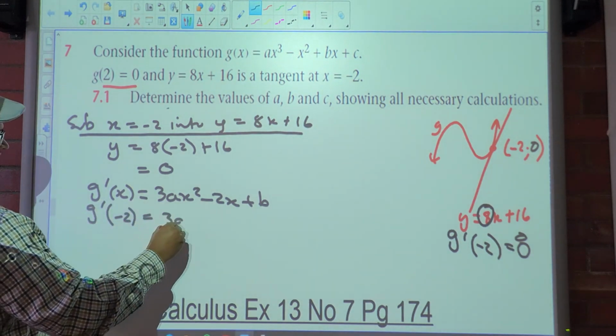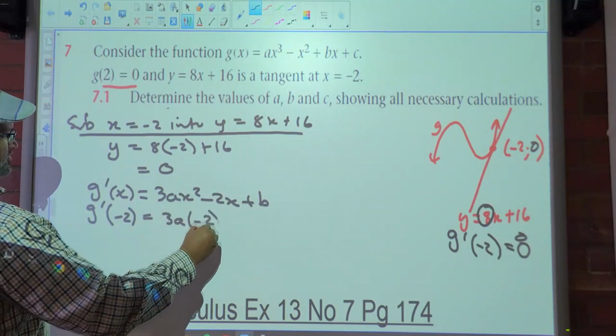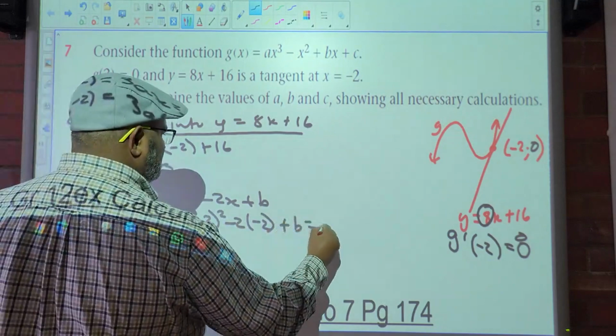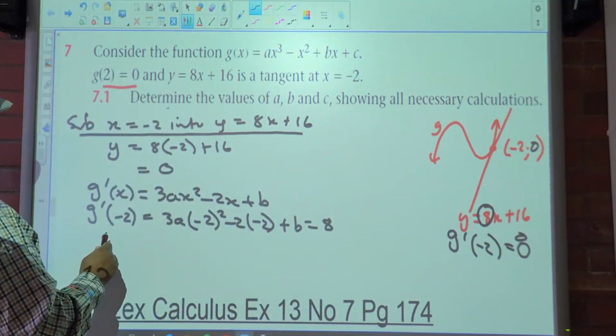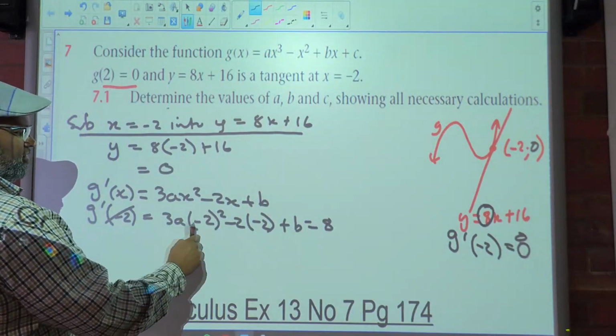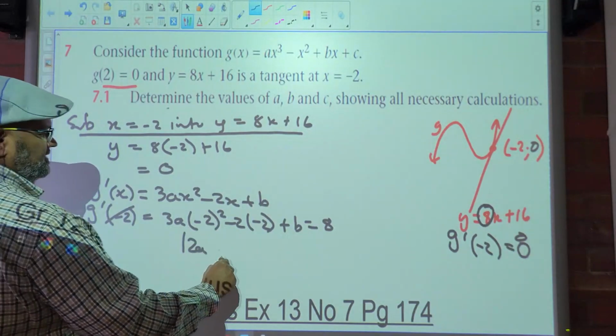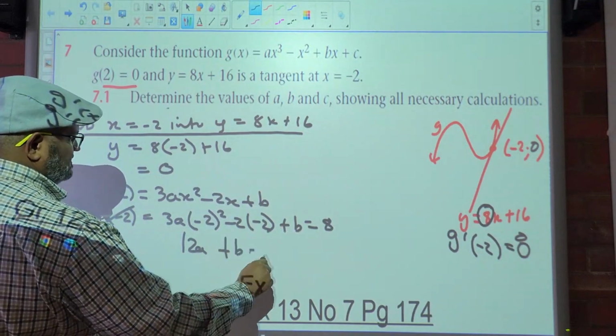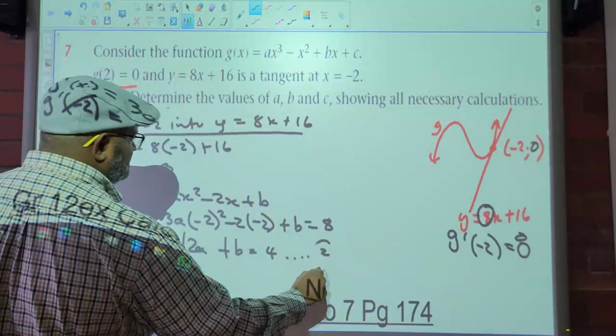So it's going to be 3a times negative 2 squared minus 2 times negative 2 plus b is equal to 8. That gives 12a plus 4, take it over becomes minus 4, is equal to 4. This is now equation 2.